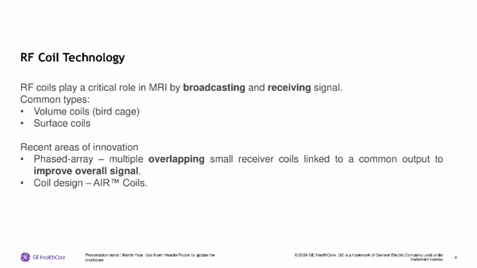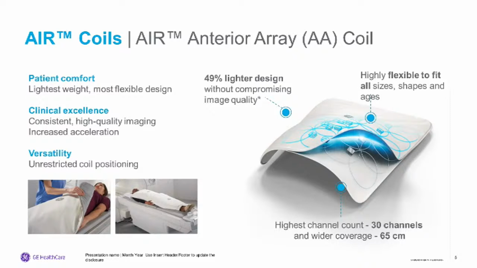But with this new air coil technology, the coil is soft, it's flexible, it's almost like a blanket which you can just put on top of the patient. They are called the air coils. So basically the analogy is that the air is able to go freely around any structure. That is how the air coils mimic.